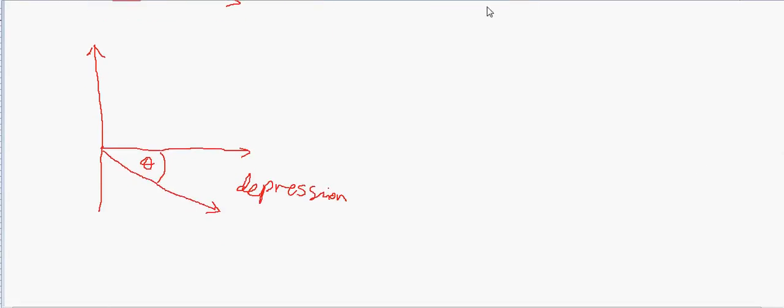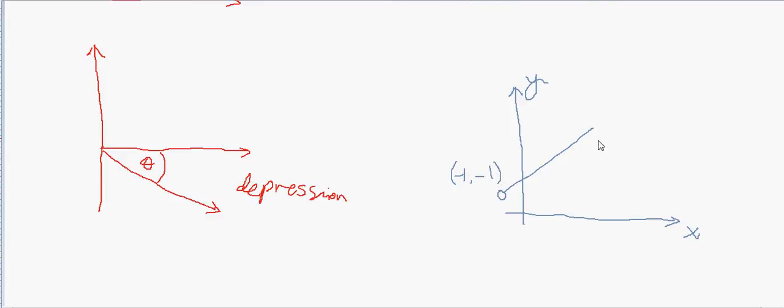Let's try an example. Let's assume we get given a graph. We know that is y, that's x, and we have a line with initial values of -1 for x and -1 for y as well.